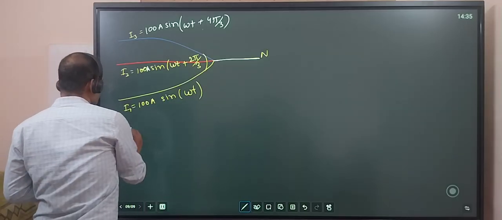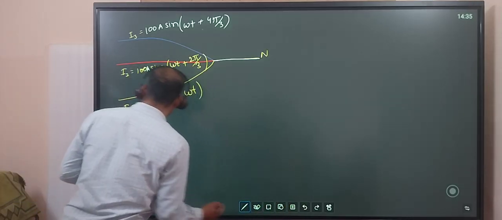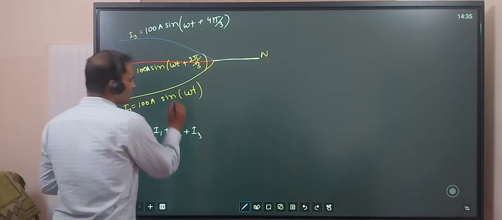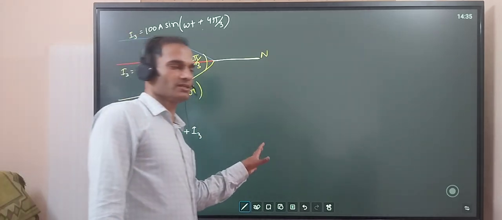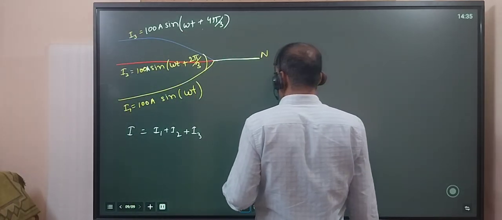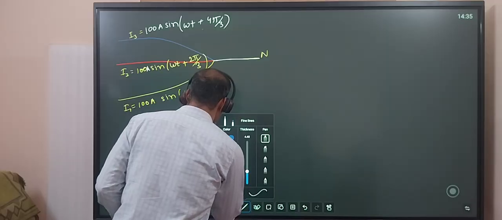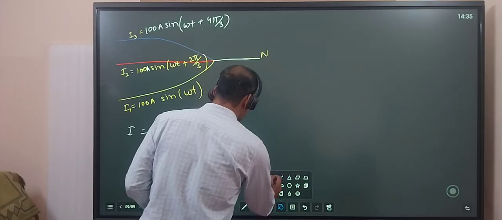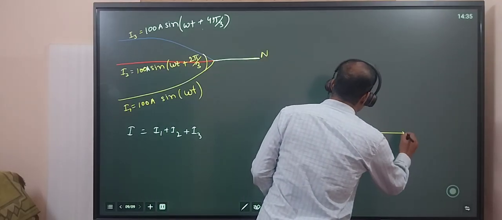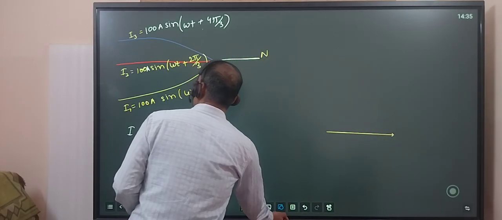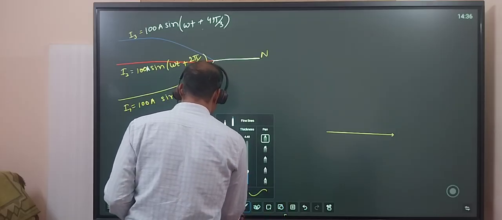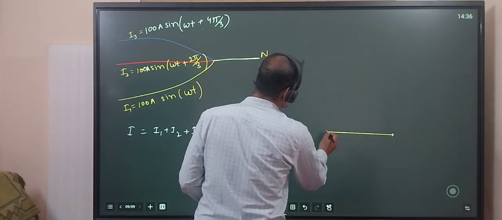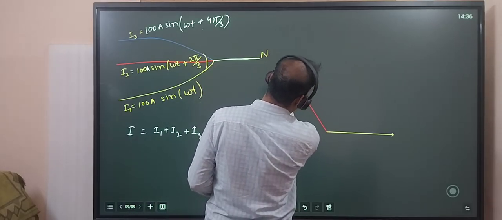When you add them, I equals I1 plus I2 plus I3. We can treat them like vectors. The yellow one first, this is the omega t axis, and then we have a red one, which is ahead by an angle of 120 degrees.